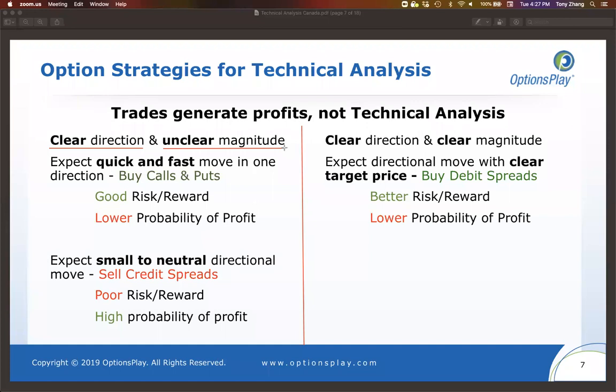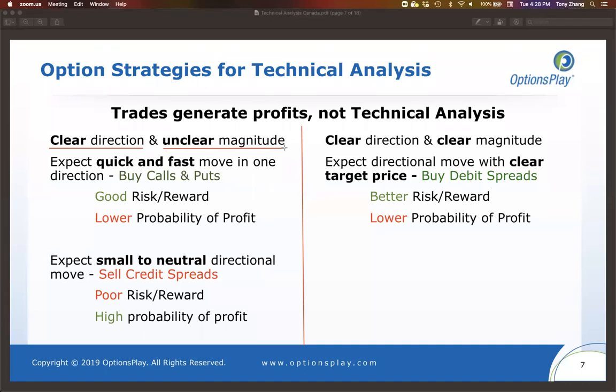Now, when you find yourself in this particular category, there's really two types of trades that you might find yourself in. Either you think that the stock's going to make a quick move in one direction. You're not sure whether it'll move 1%, 5%, 10%. It could move a little, it can move a lot, but you do expect something to move relatively fast, because it broke out of a range, or maybe there's some news coming out, or there's a catalyst, such as an event that you're waiting for where you expect a big move to happen.